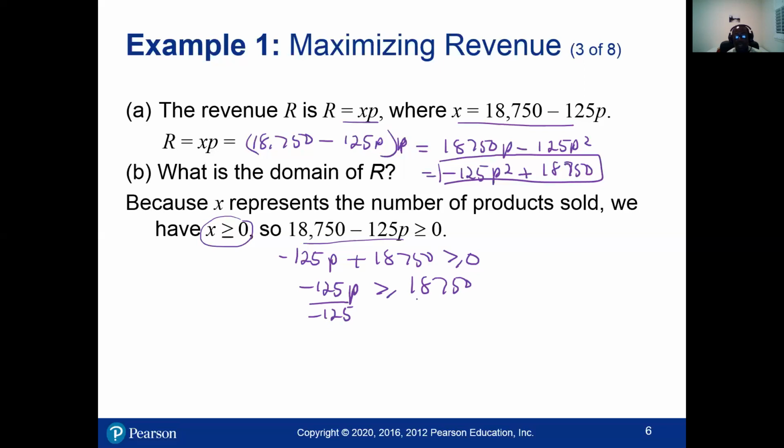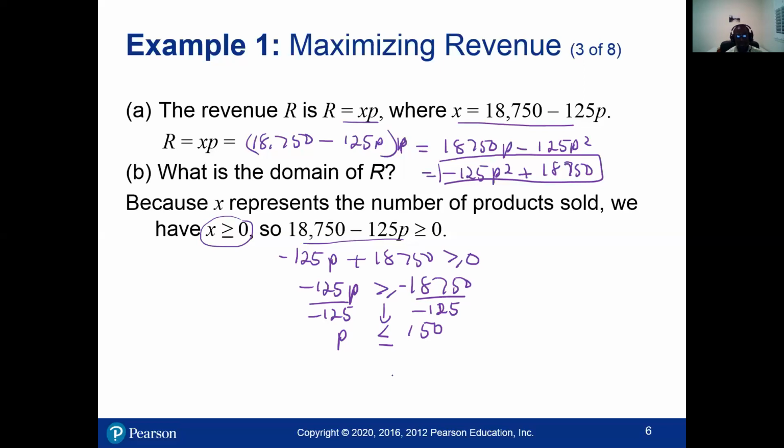When you divide, the inequality sign changes. And so you have p is less than or equal to, when you divide that, you get 150.